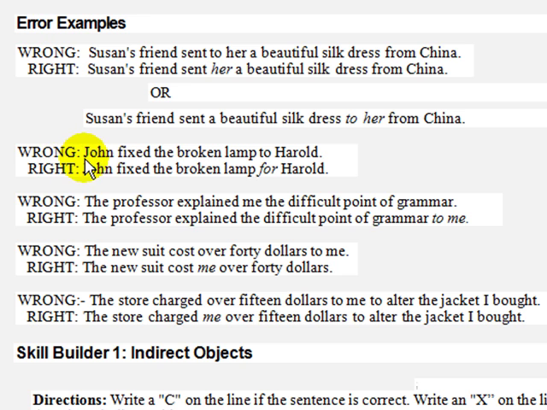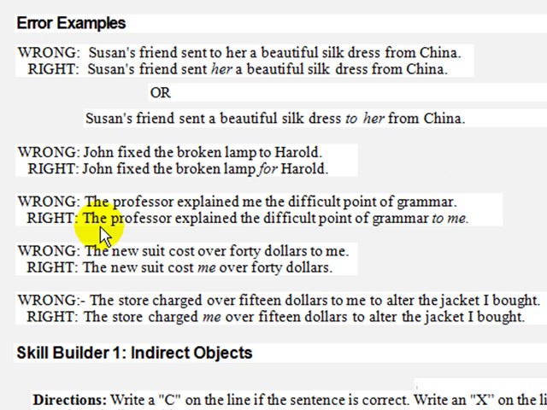Then we go on to another example. "John fixed the broken lamp to Harold." No, that's not correct. "John fixed the broken lamp for Harold." And if you look at the above examples, you will find this form used with fix. "The professor explained me the difficult point of grammar."